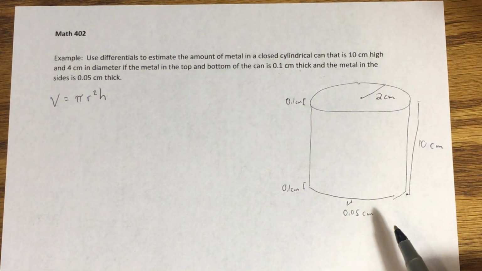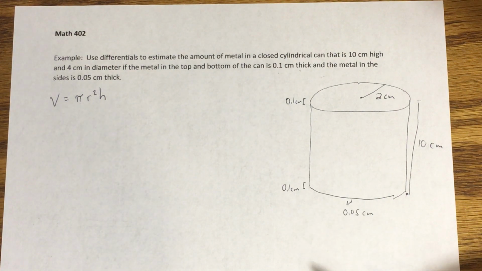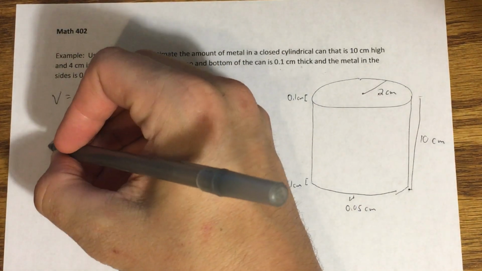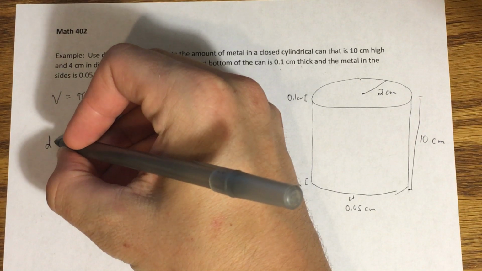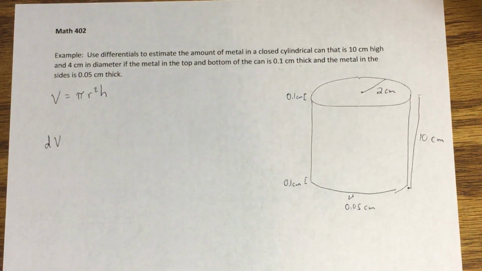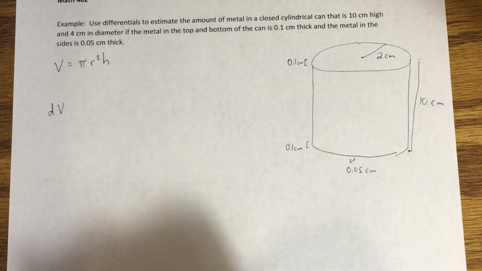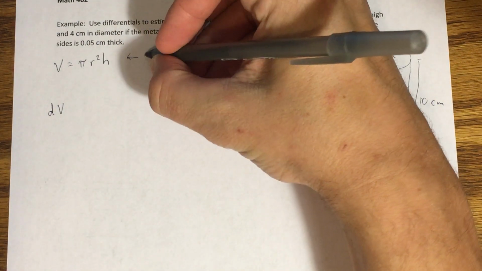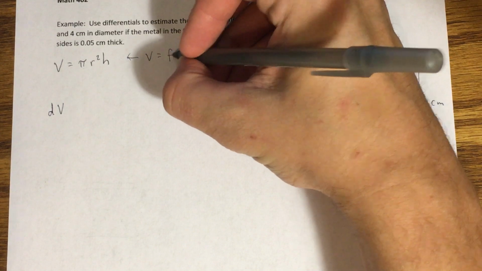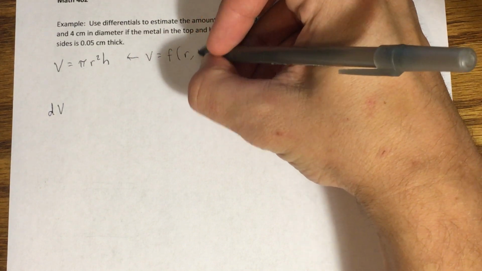And where am I going to get those changes? Well, using our formula for the total differential, I want dV, the total differential for volume. Now, notice this is telling me that V is a function of r and h.